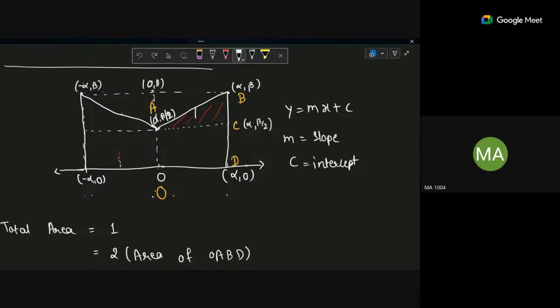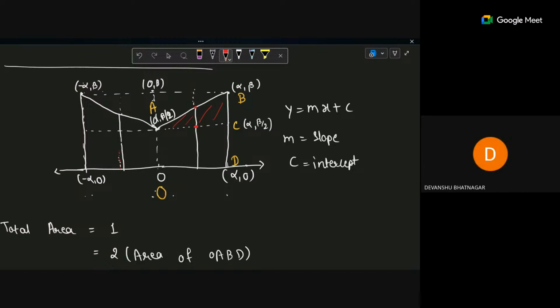In this particular case also you can go with the easiest way, the rectangle minus the triangle. Just extend it. Or you can find out this particular coordinate, the red one. How will you find it?